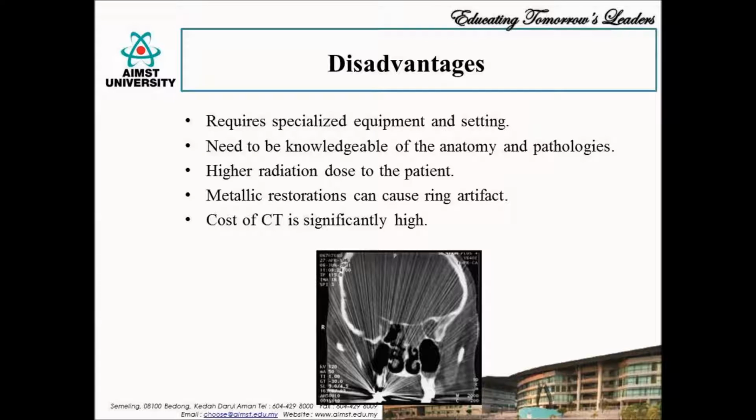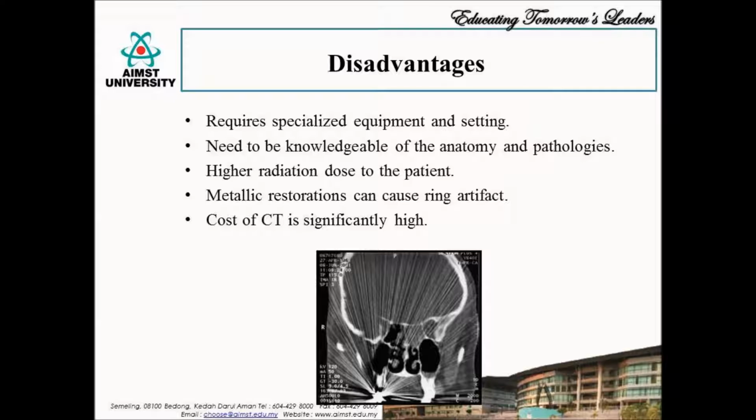CT scan also possesses certain disadvantages, which include that CT scanning requires specialized equipment and setting. The radiologist and technician need to be knowledgeable of the anatomy, anatomic variants and pathology of the jaws to give any diagnosis for that radiograph. The CT scan delivers a much higher radiation dose to the patient than any other imaging modalities used during implant treatment planning.